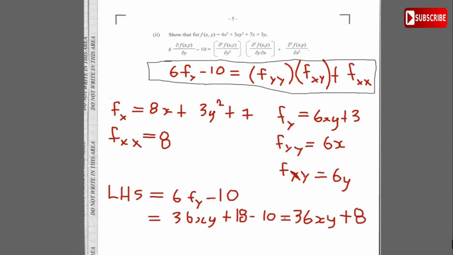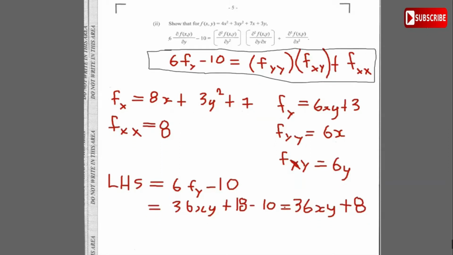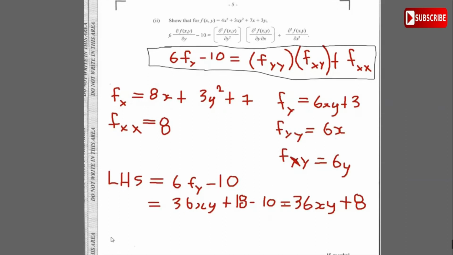Now, moving right along, I need to show that my right-hand side is going to be the same. My right-hand side is fyy times fxy plus fxx.